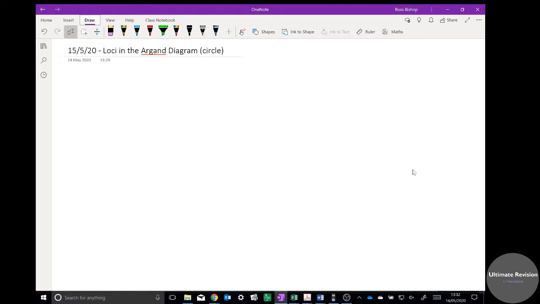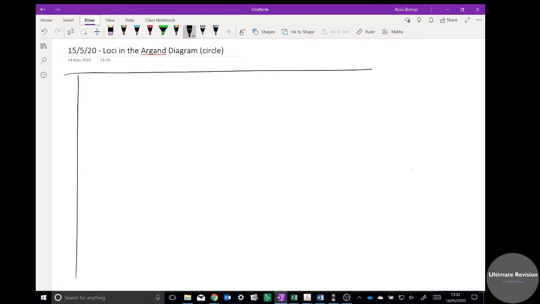Okay, loci in the Argand diagram. Now, we're going to look at a circle here.